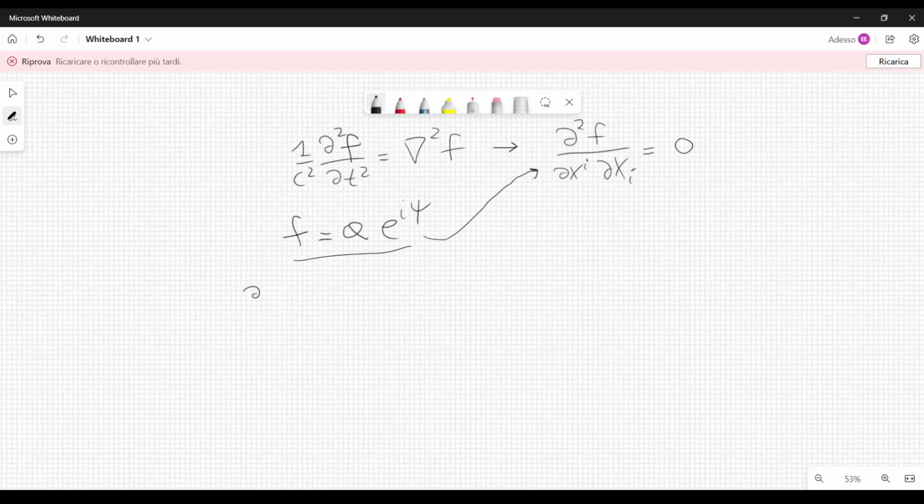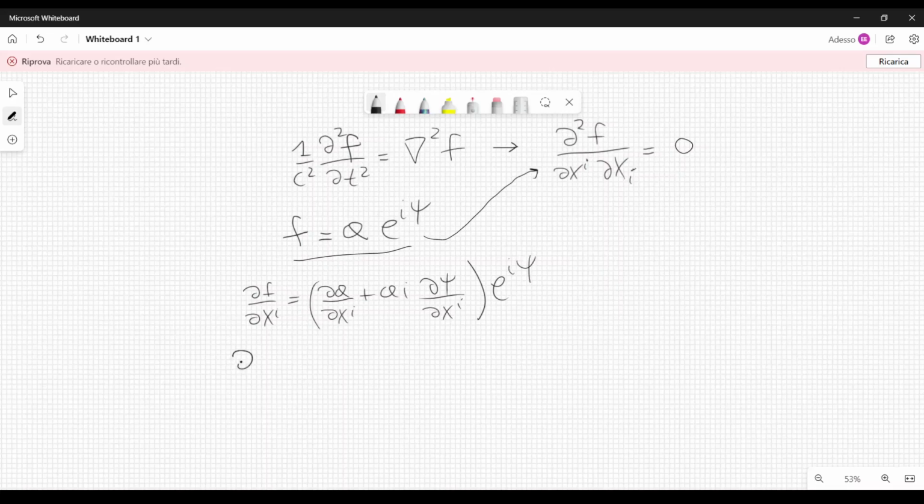So we calculate first df over dx^i, with an upper index or a lower index, it doesn't really matter. This is equal to dA/dx^i plus iA dpsi/dx^i, times e to the i psi.